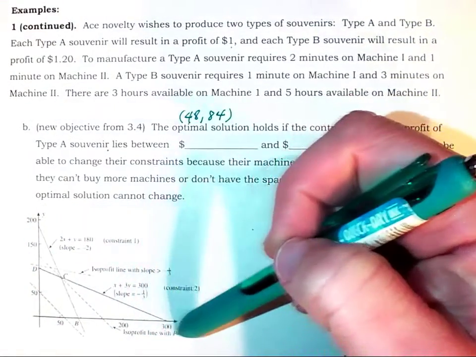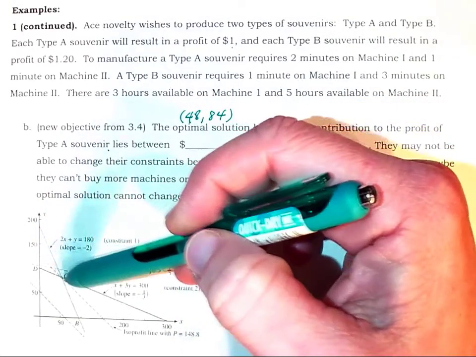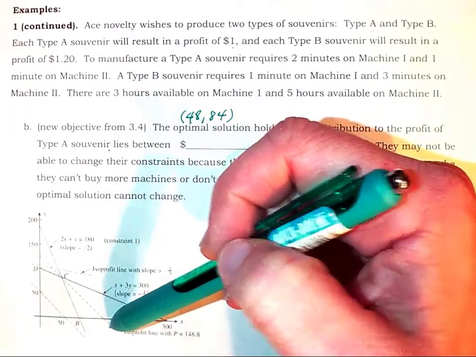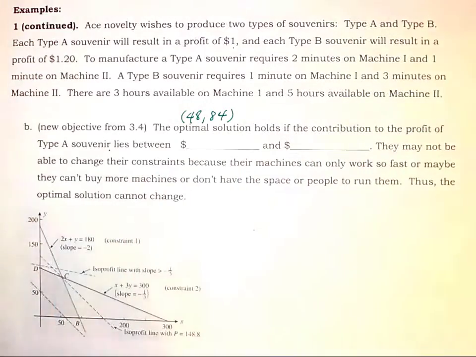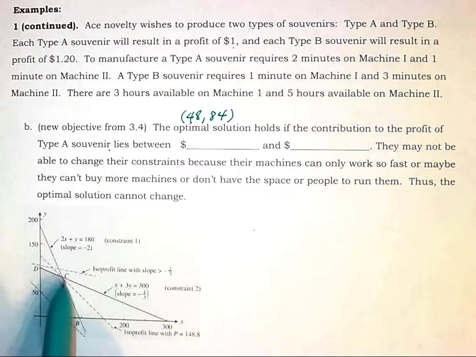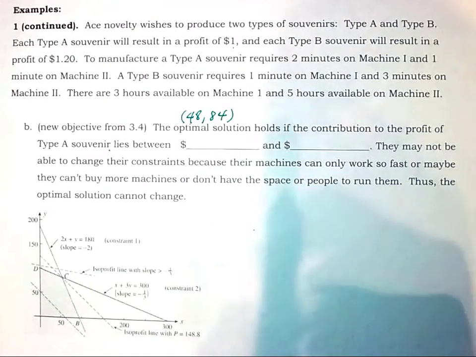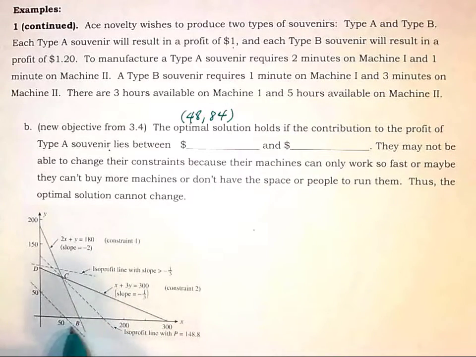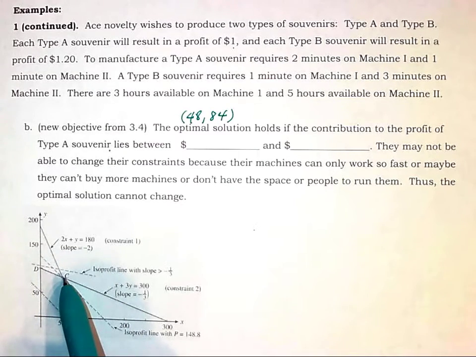Now, this isoprofit line is the one that gives P equals 148.8, okay? So if we start playing around with these coefficients on our objective function P, that's going to change this isoprofit line, all right? Now, it turns out that if we go beyond this isoprofit line, that's going to change our optimal solution.